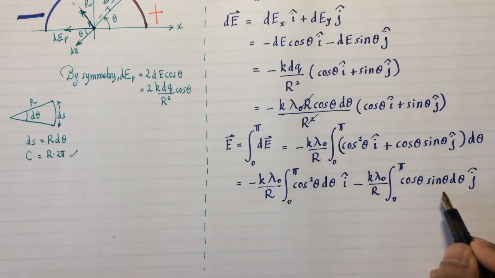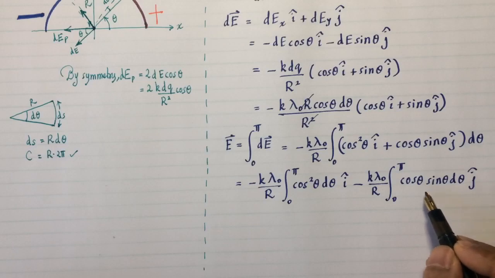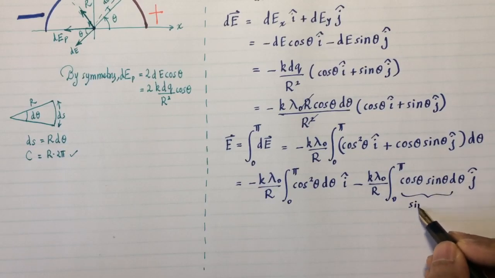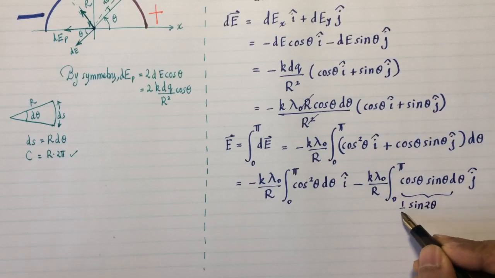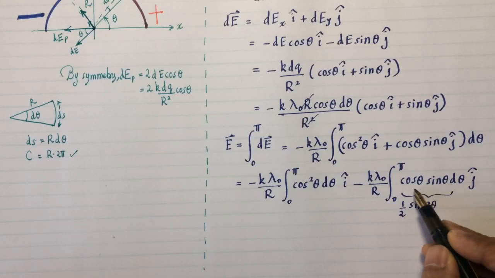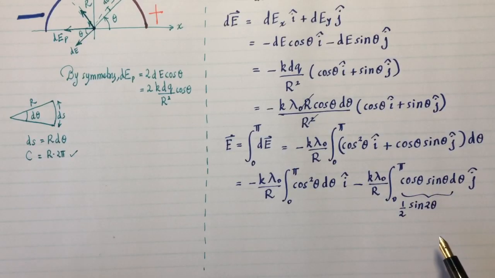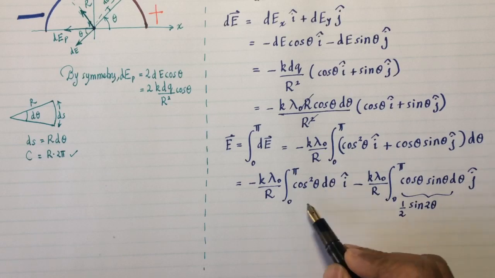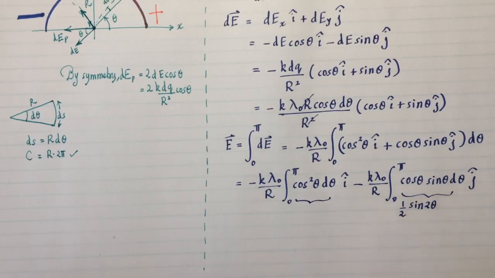Cosine theta times sine theta can be written as sine 2 theta divided by 2, because sine 2 theta is 2 sine theta cosine theta by the familiar trigonometric identity. Now cosine squared theta, how do you integrate cosine squared theta? For that you have to use the half angle identity.